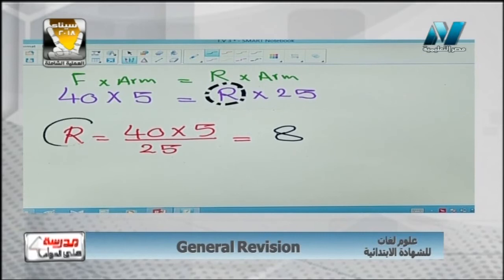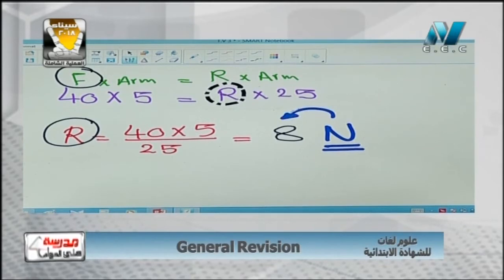We talk about the resistance, or the force here, so the measuring unit is Newton. So remember to write the measuring unit beside the number, as we have arm in centimeters, and the resistance or force in Newton.